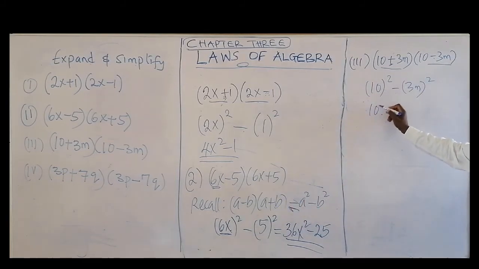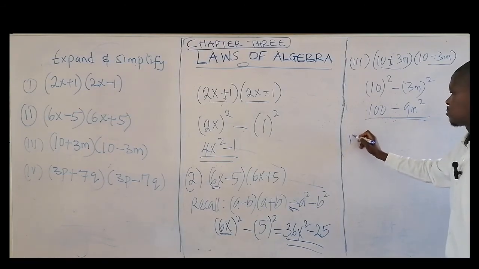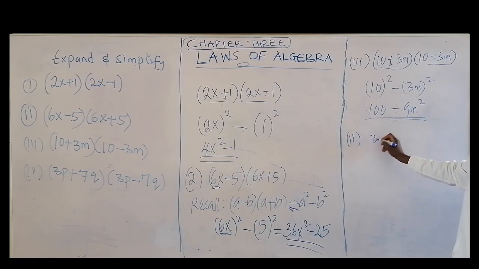So this will be 100 minus 9m squared. The last one, which is 3p plus 7p times 3p minus 7p.